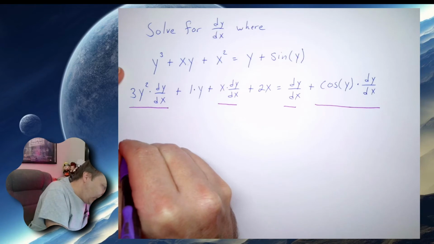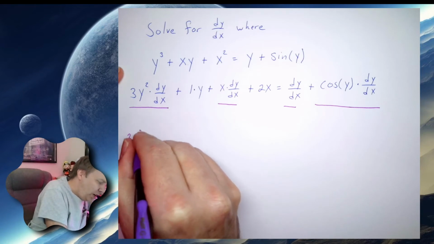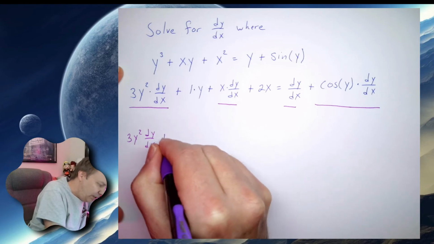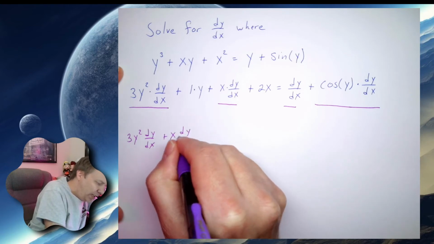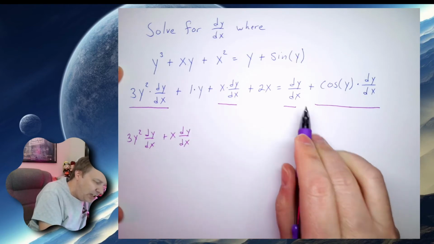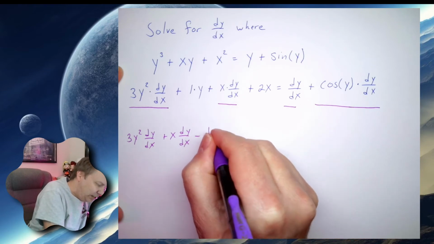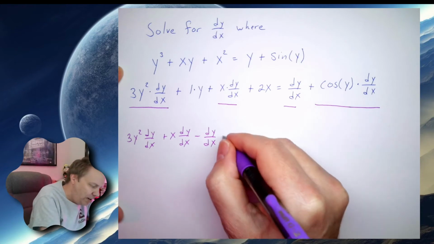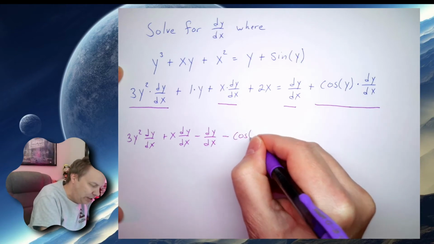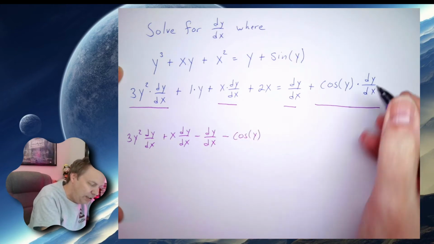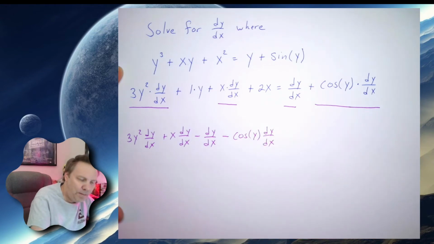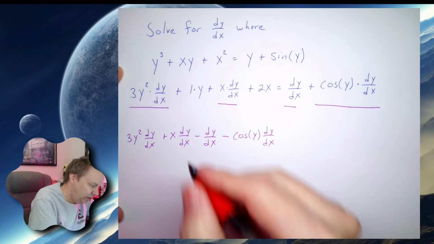Well, 3y squared dy/dx plus x dy/dx minus dy/dx minus cosine of y dy/dx.